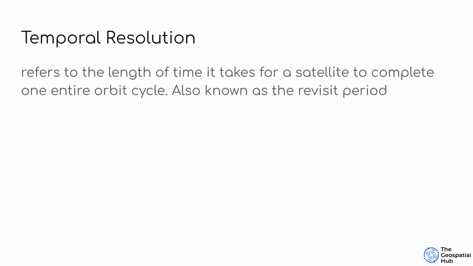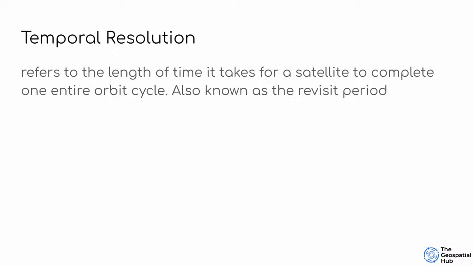So now the last type of resolution we have is temporal resolution. Basically, temporal resolution is the time it takes a satellite to revisit a particular area. Different satellites have different temporal resolutions. For example, Sentinel's temporal resolution is 5 to 6 days.